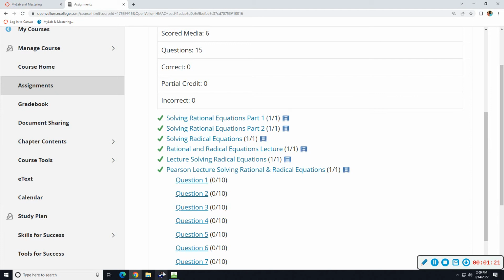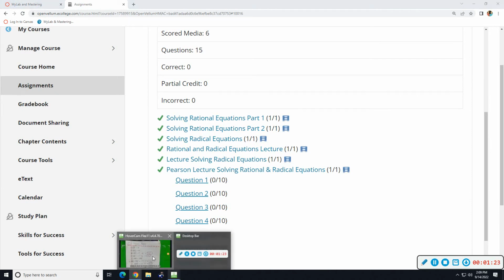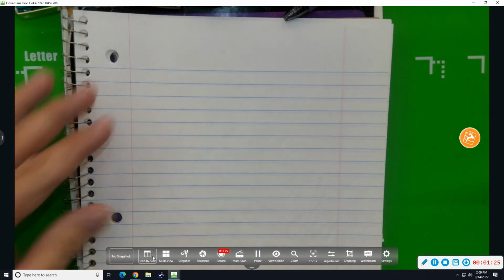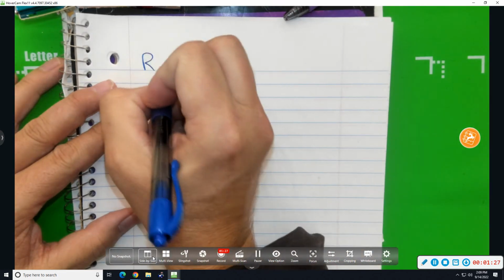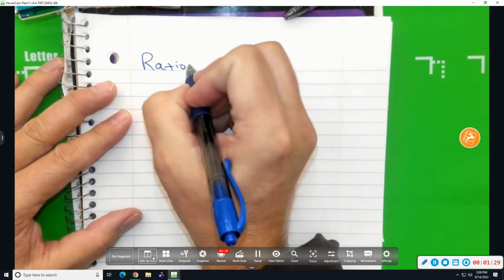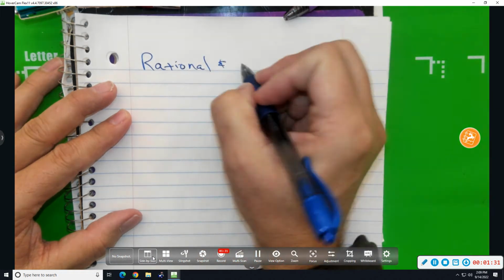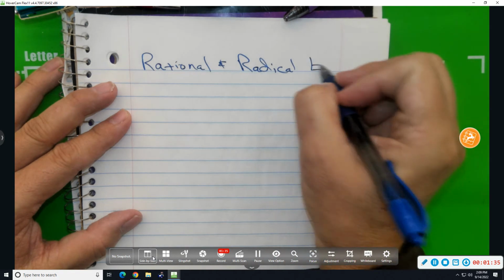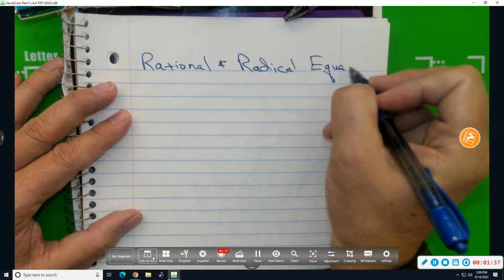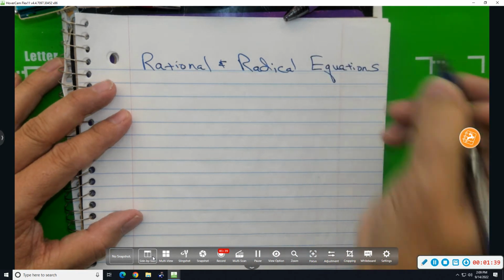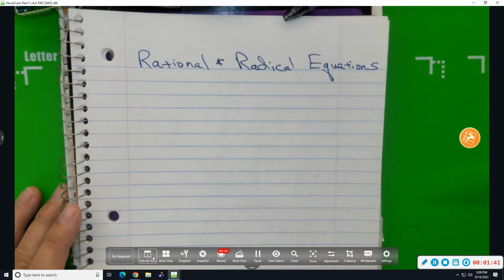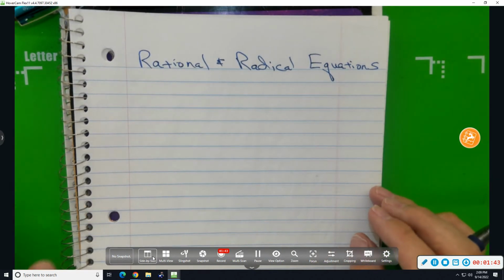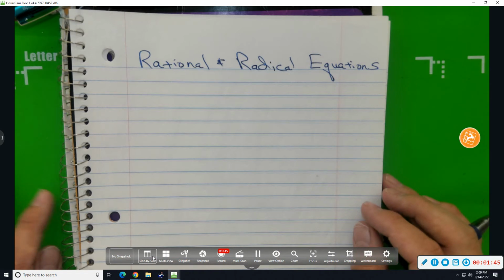I'm going to switch over to my tablet. We're looking at rational and radical equations. A rational number is just a fancy way of saying a fraction.